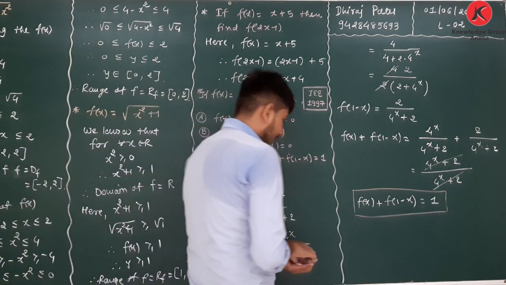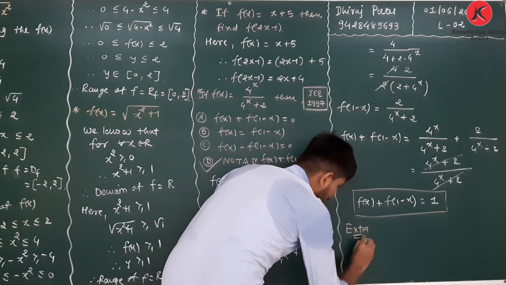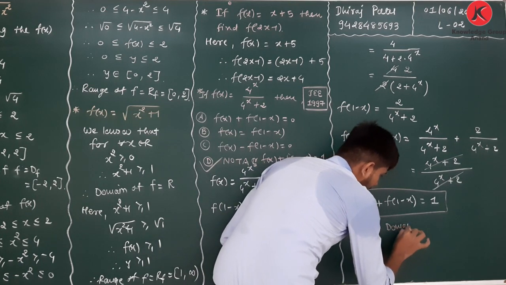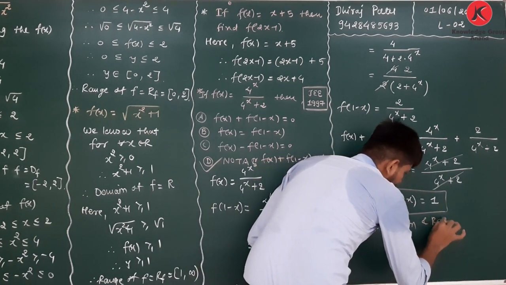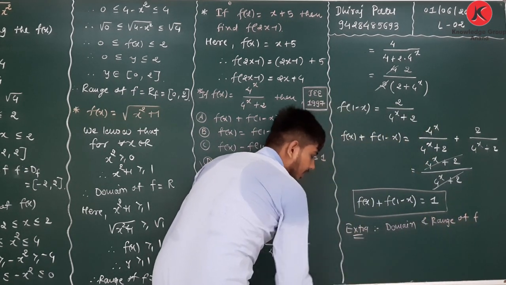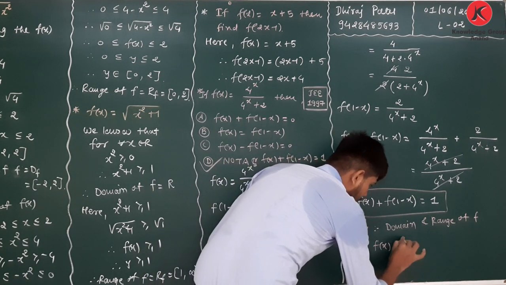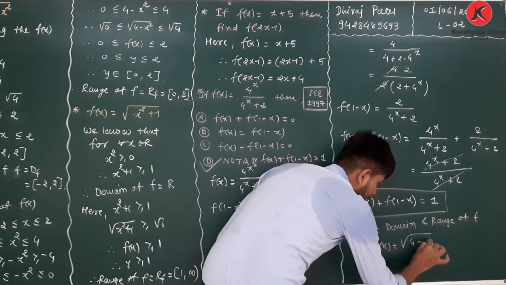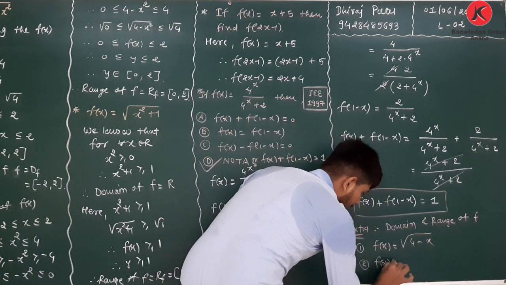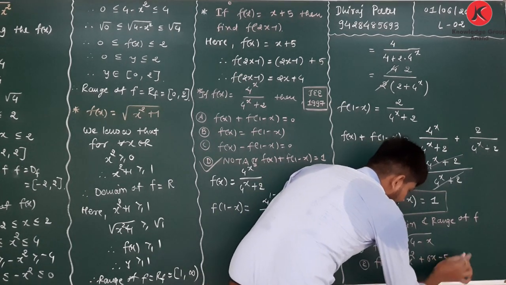I am giving you two or three extra questions to solve at home. Extra questions: find the domain and range of f. These are questions to find out domain and range. The first one is f of x equals under root of 4 minus x. The second one is f of x equals x square plus 6x minus 5.